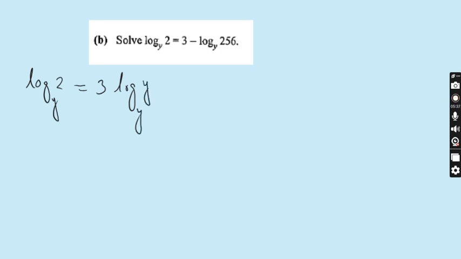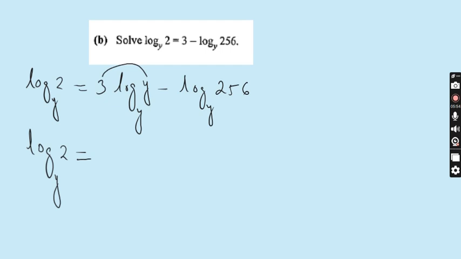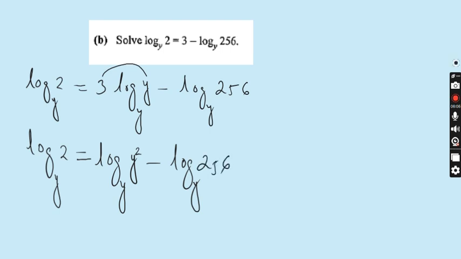No difference, because log y y is 1. Minus log y 256. This 3 must become the power of y, so it is log y y square minus log y 256.